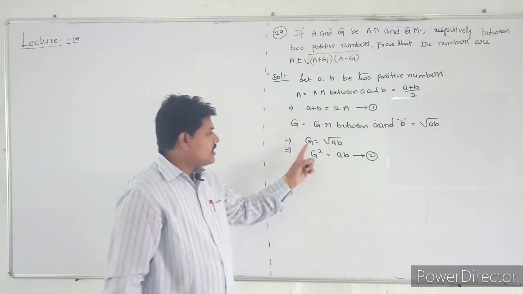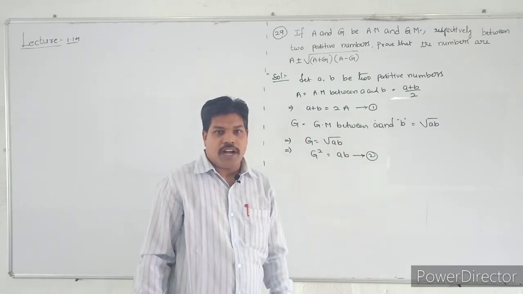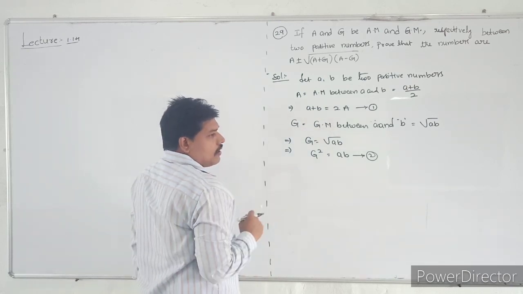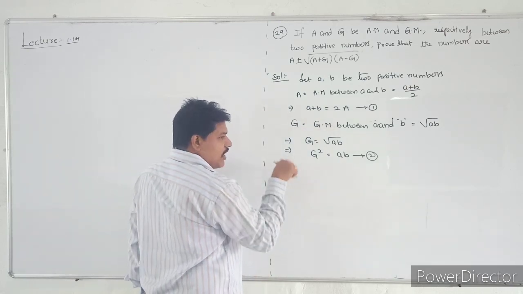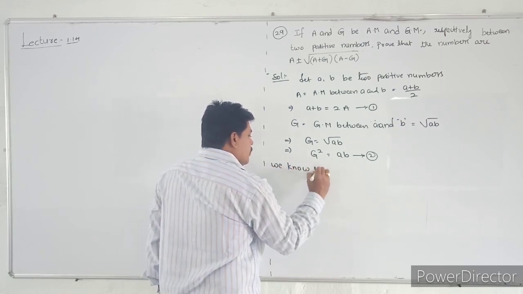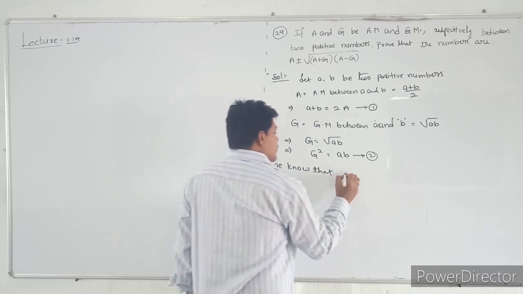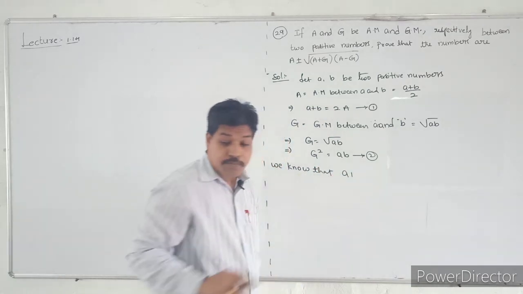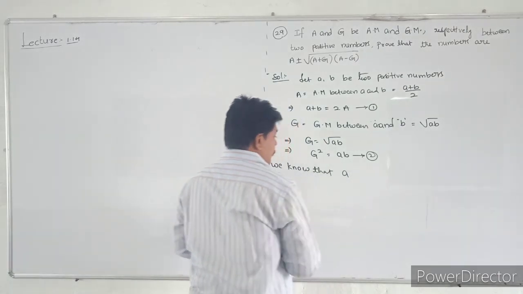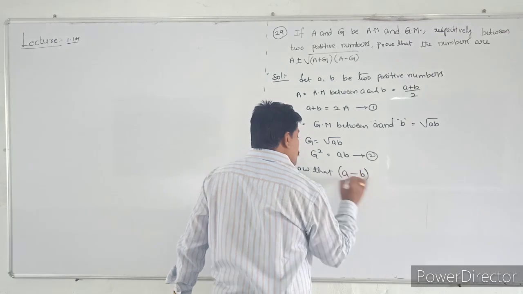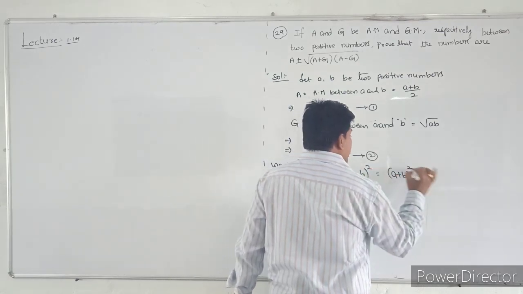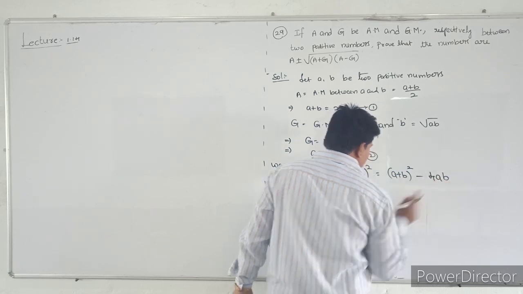I am taking the square root on both sides. G is square root of AB, then automatically G square will become AB. So already we proved in the previous question. What is the condition we are applying? We know that A minus B whole square can be written as A plus B whole square minus 4AB.